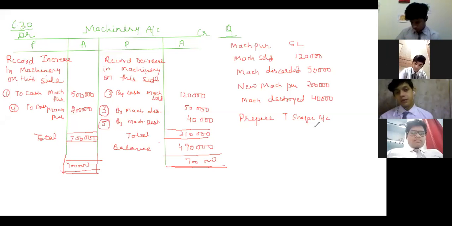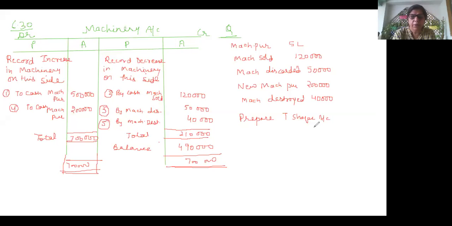So today we completed the topic of T-shape account, and from tomorrow onwards we will start accounting equations, because the numerical part is a little bit difficult, so we have to do the questions accordingly. In asset we have to know about the ID concept. And while we do the account of liability, we should reverse that.